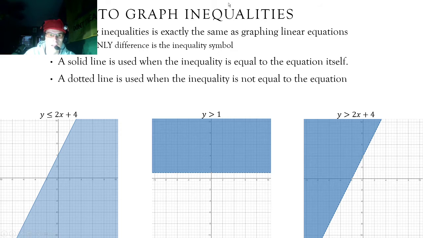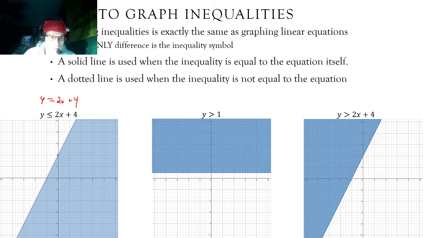Alright, so graphing inequalities is exactly the same as graphing linear equations, alright? So, one thing to notice here. If I had y equals 2x plus 4 for this graph, rather than less than or equal to, I could very easily still draw this line with the equation, alright?